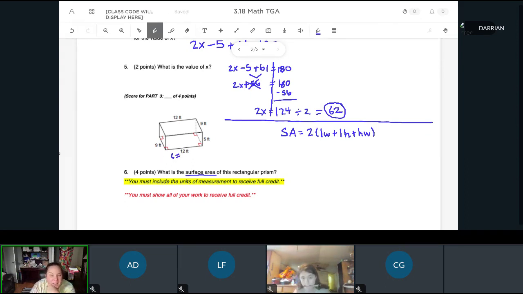Your width is this one, 9. So W equals 9. And then your height is right here, this 5. So 5 feet equals H, which is height.